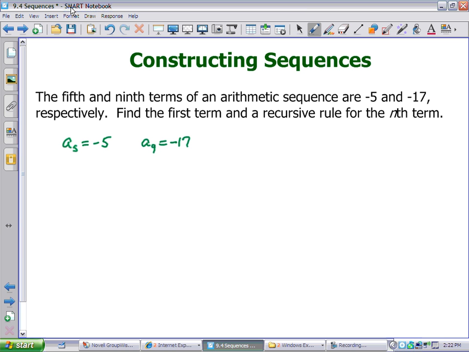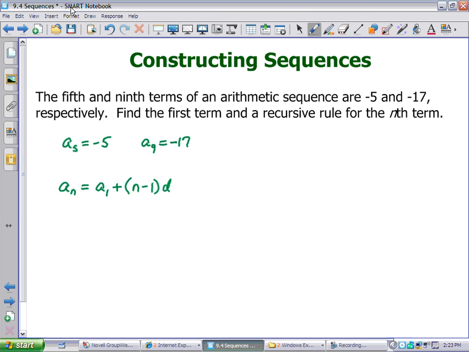If you think about your explicit rule, it says that you have a sub n equals your first term plus n minus 1 times the common difference. Well, we can apply this rule depending on the number that you have.